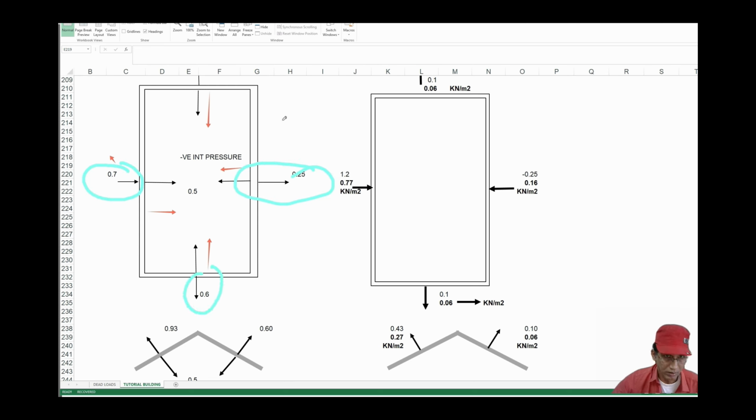Now let us come to the roof. In the global y direction of STAAD, positive is y.